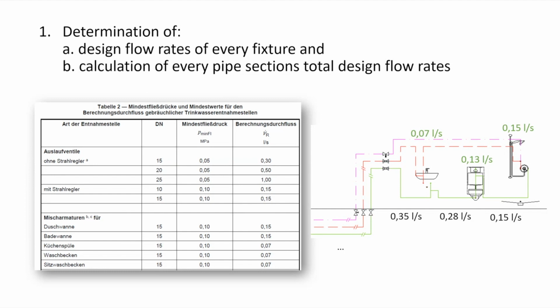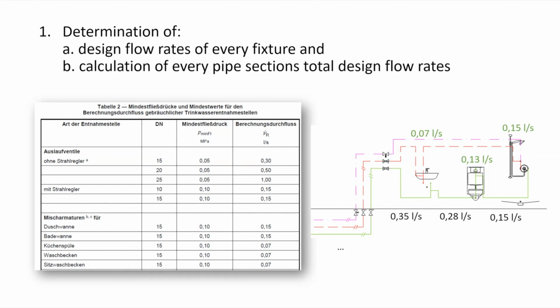The standard, therefore, gives us general information about different types of fixtures, general outlets like a wash hand basin. You can see that in the table. They have a flow rate of 0.3, for example, in different circumstances, at a certain dynamic available pressure, because it makes a difference if you want to achieve 0.15 liters per second at an available pressure of 1 bar or only half a bar.